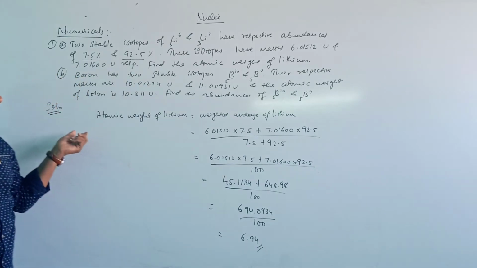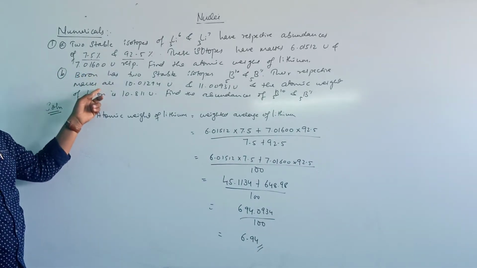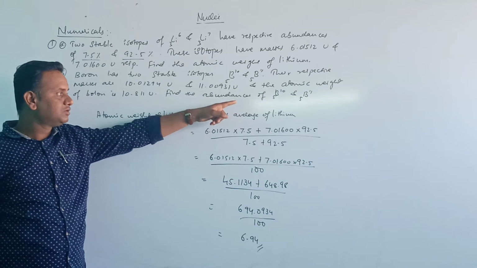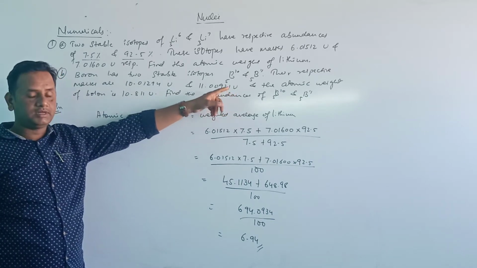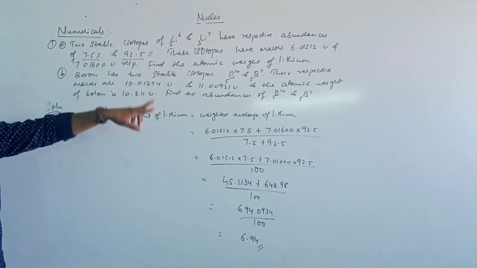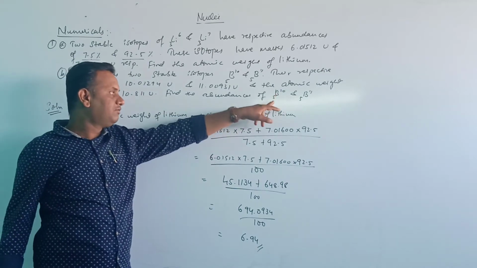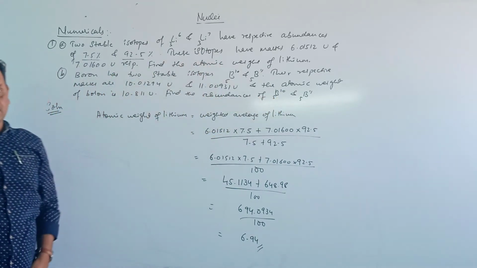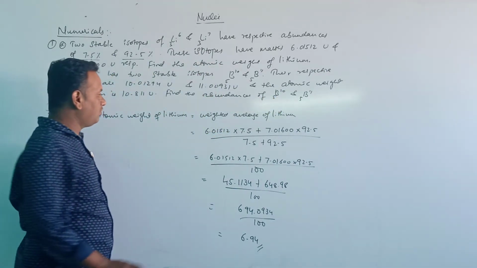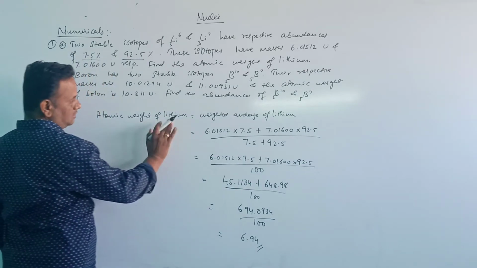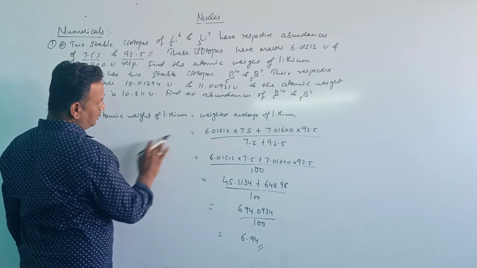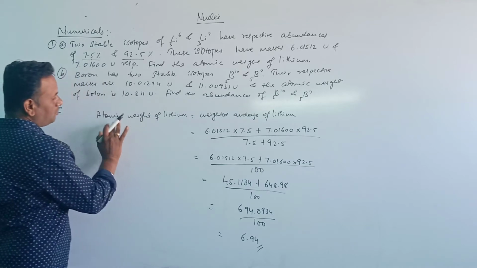To find the abundances of the two isotopes, boron-10 and boron-11, I will make some small changes in this formula.